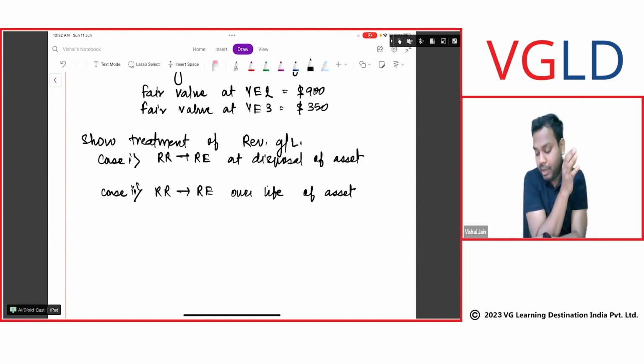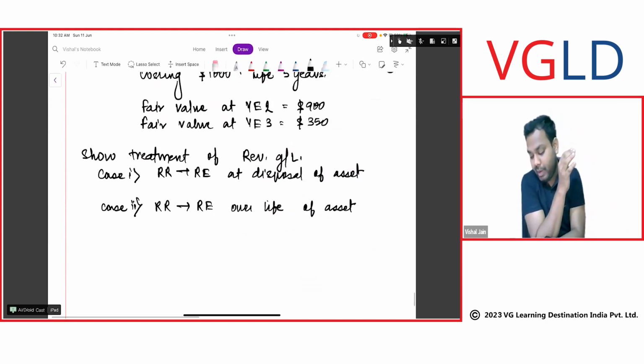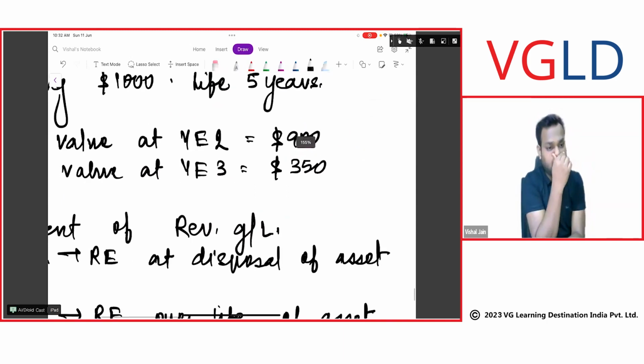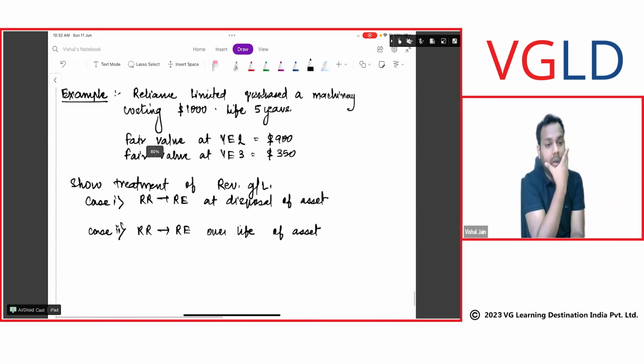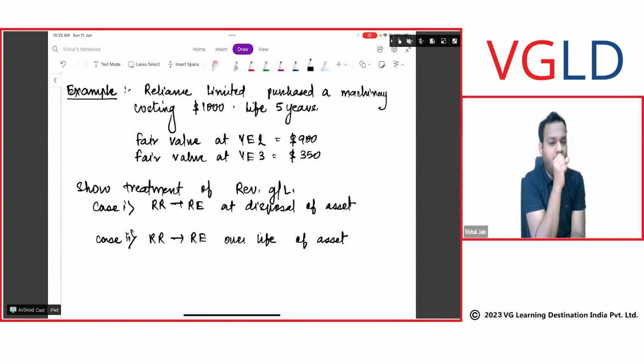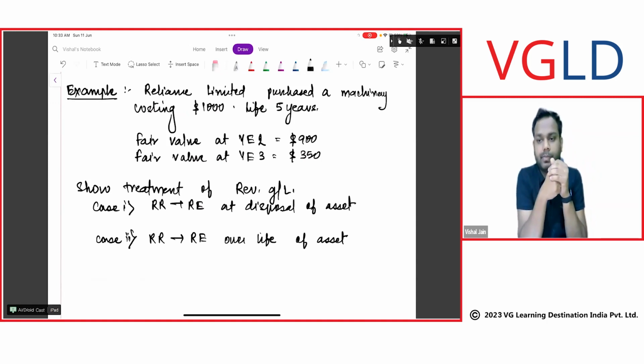It's 350, not 250. The fair value at the end is 350, not 250. Case one, revaluation reserve to retained earnings 350, 350.